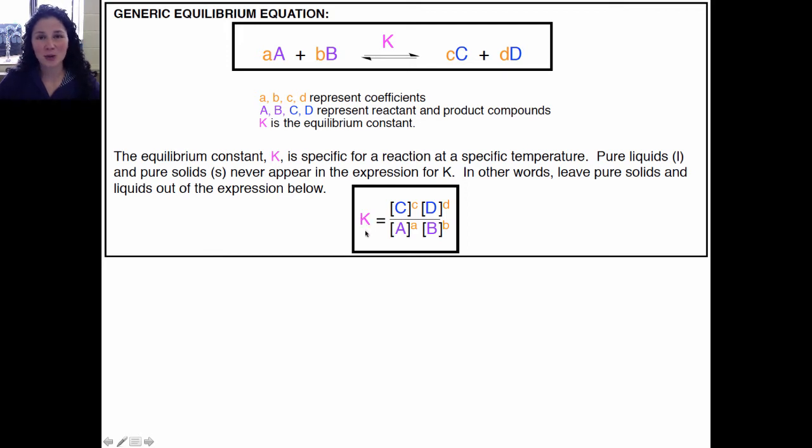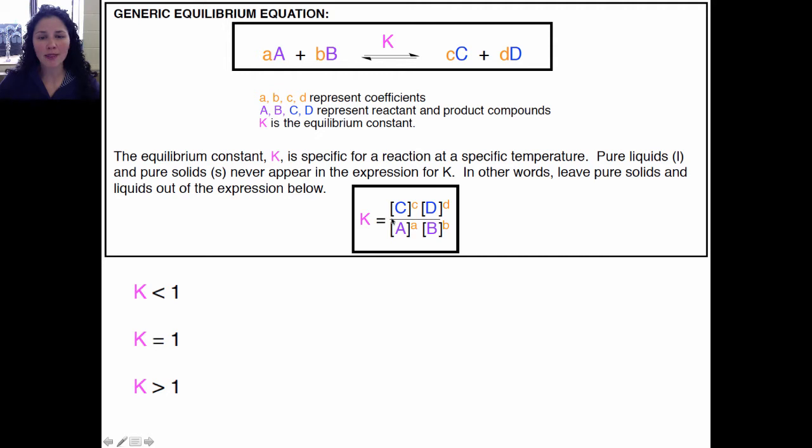It's important to have a conceptual understanding of the meaning of this value. There are three zones that are important to know about, and those zones are when K is less than 1, equal to 1, or greater than 1. These zones can tell you something about the relative amounts of reactants and products at equilibrium. When K is less than 1, that must mean that the bottom, or the denominator, must be a bigger value than the numerator, or the top of this equation.